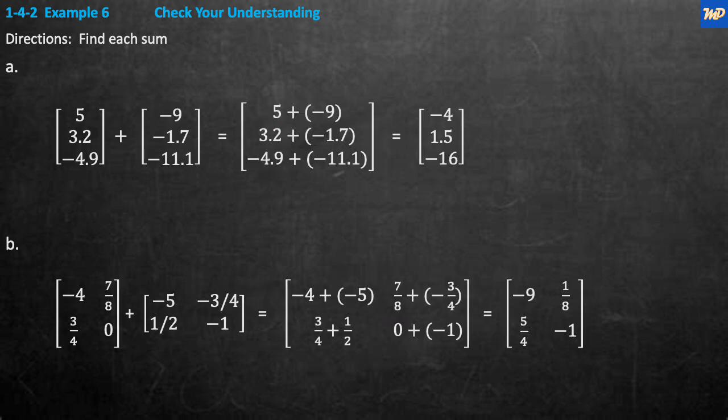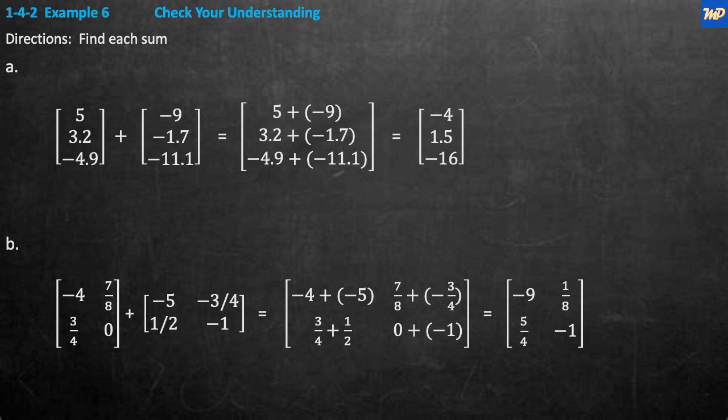Okay, so now I'm sure you've taken time to do that, and I moved ahead and worked it out, and I have the solutions written up here. So find each sum. We're going to do the same thing here. This is a 3-row, 1 column, 3 by 1 matrix. This other one here is the same size, so they can be added; otherwise you can't add them.